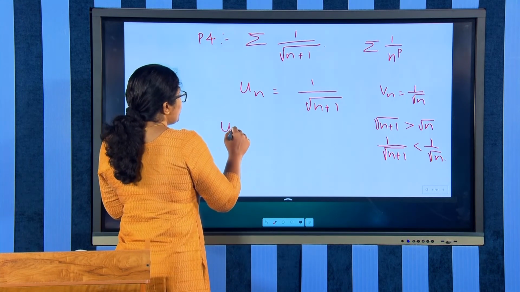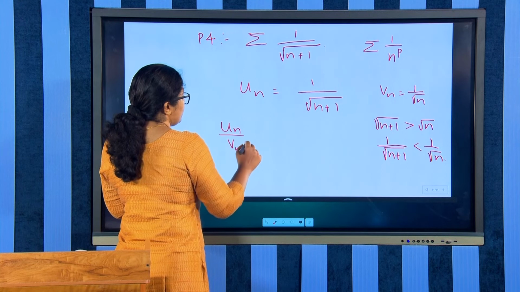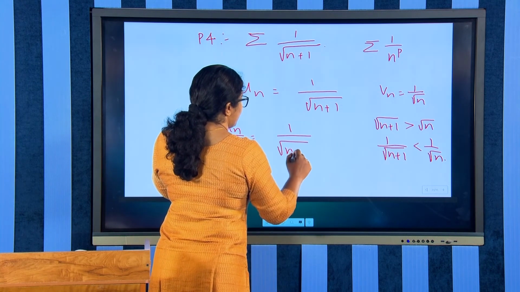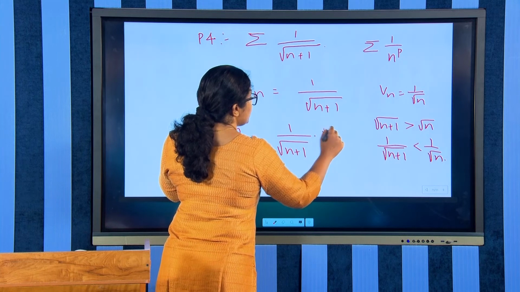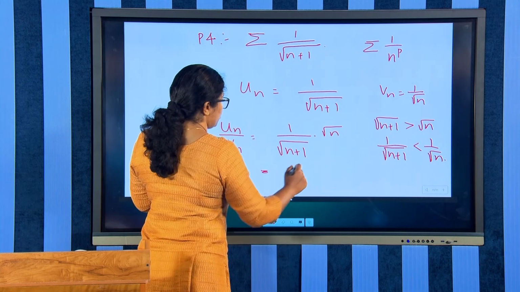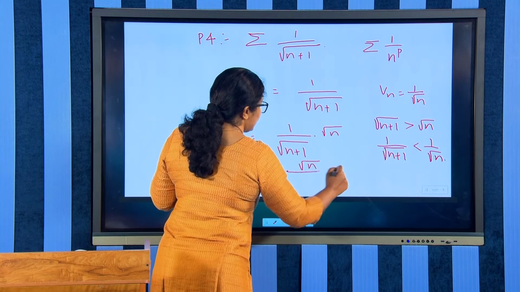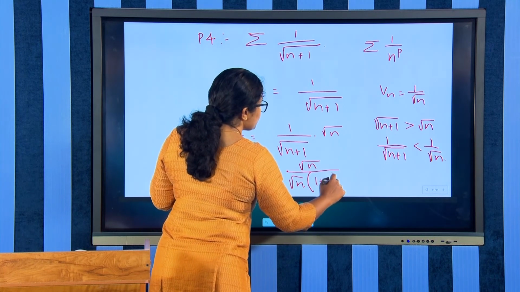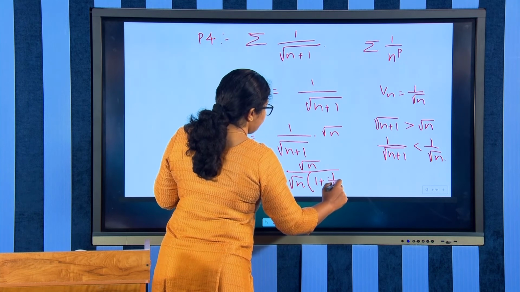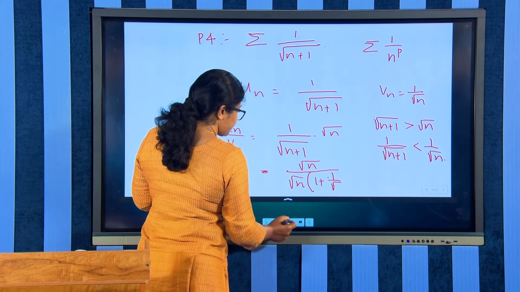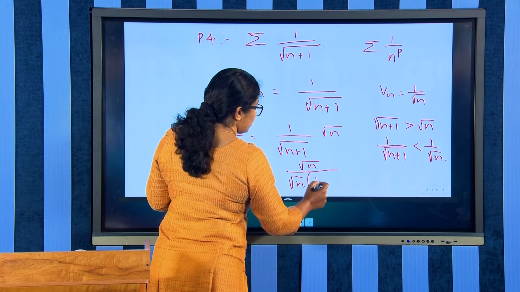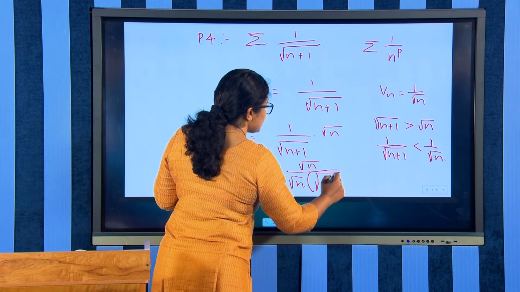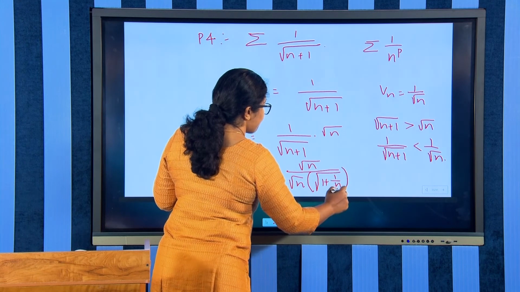So, un by Vn gives you 1 upon root of n plus 1 into root n, which is equal to root n divided by root n into 1 plus 1 by root n, or square root of 1 plus 1 by n.